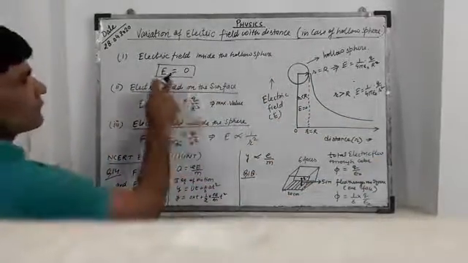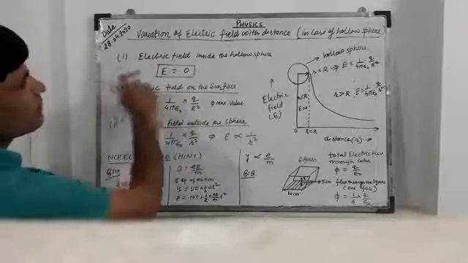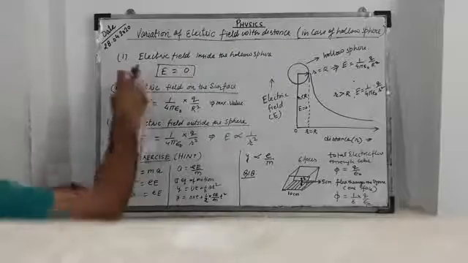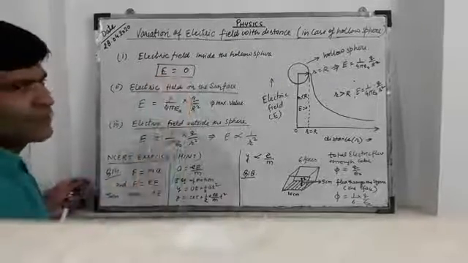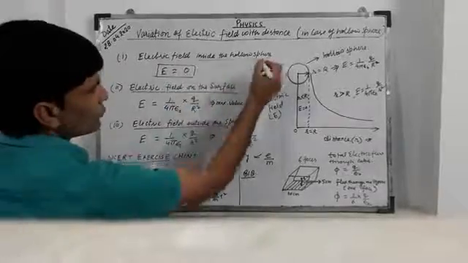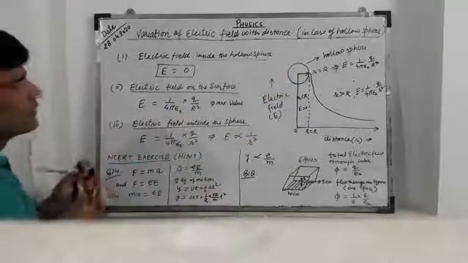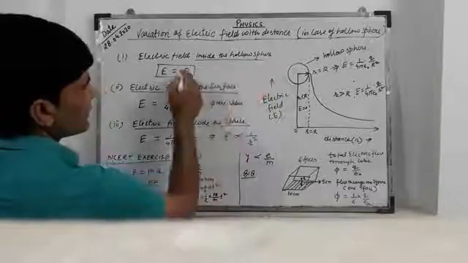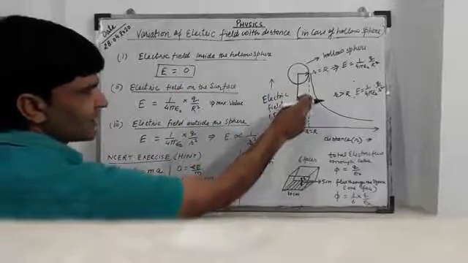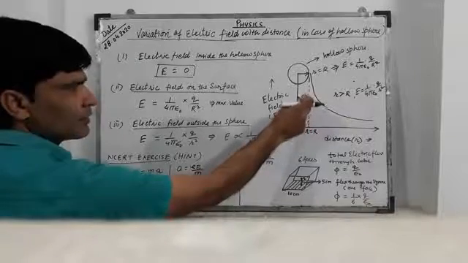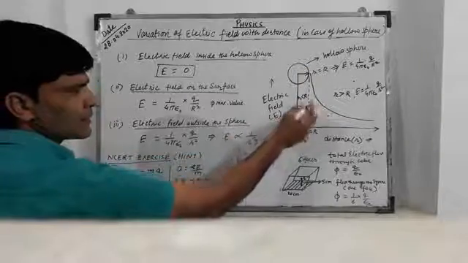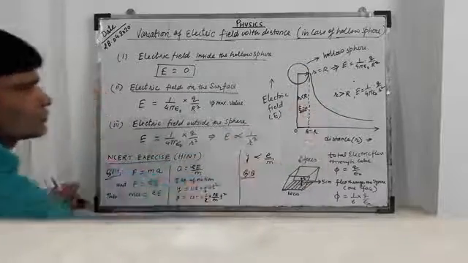As in first case, electric field is equal to 0 inside the hollow sphere. This is represented by this portion, r less than capital R. For this portion, which is inside the hollow sphere, the electric field is 0.